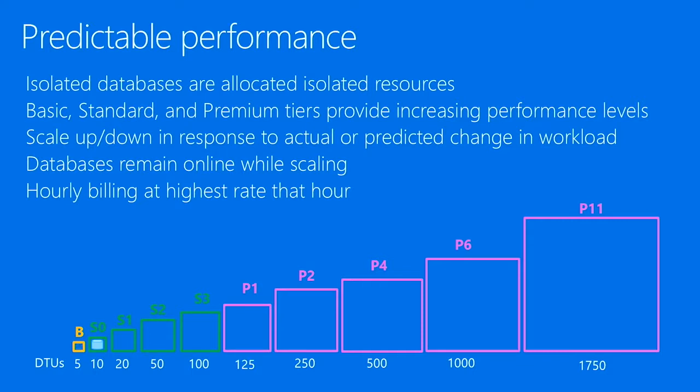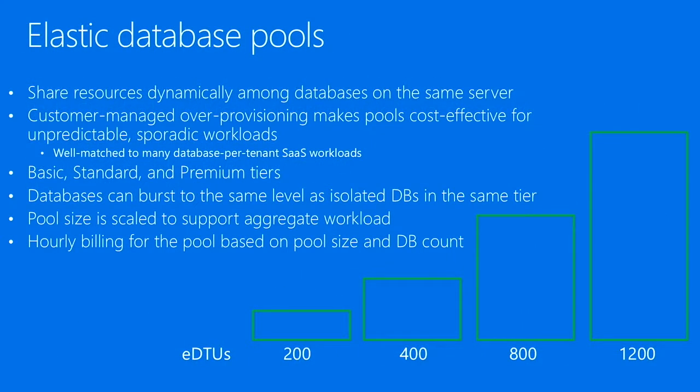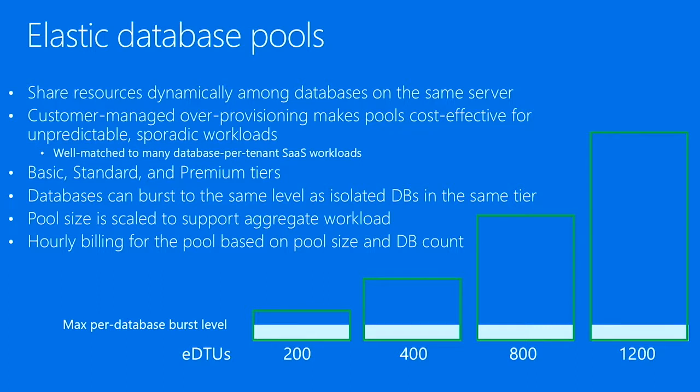Because we're billing at an hourly rate, if your workload peaks in that day at P6 for an hour, for example, you get billed for that hour, then you can scale it back down, say to S3, and for the rest of the 23 hours you're only billed at the S3 price. And even further, to support SaaS applications, say your service has 100 tenants, and the 100 tenants have 100 databases, and not all of them are using it at the same time.